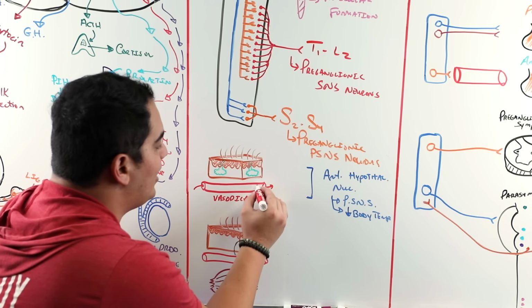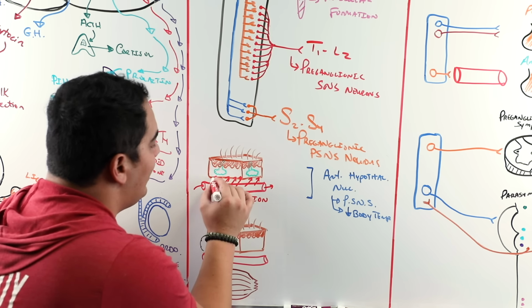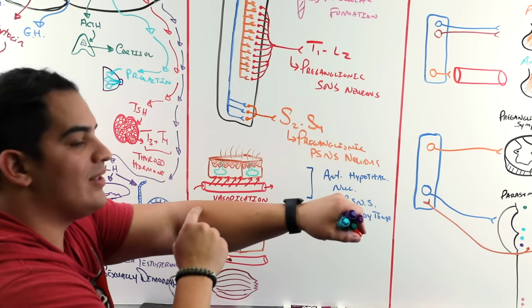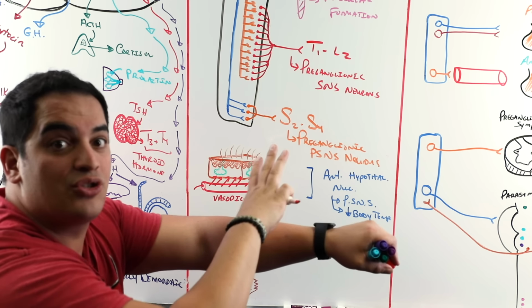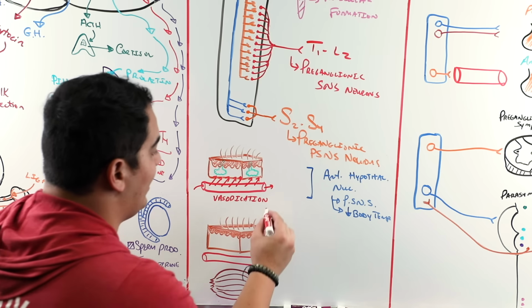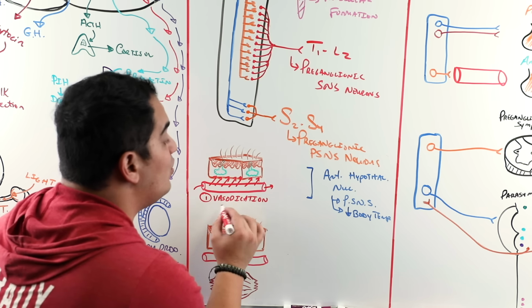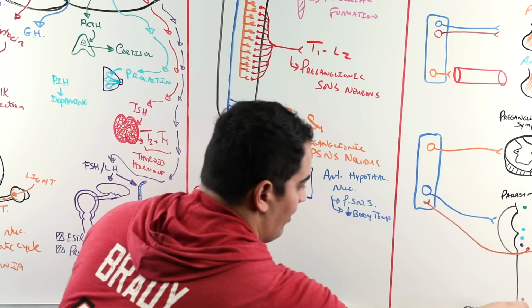If you vasodilate your cutaneous vessels, you know blood is relatively warm. So if you dilate the vessels that are close to the skin surface, it's going to radiate some of that heat off of the skin surface, trying to cool your body down. The second way that you cool your body down is relatively straightforward.